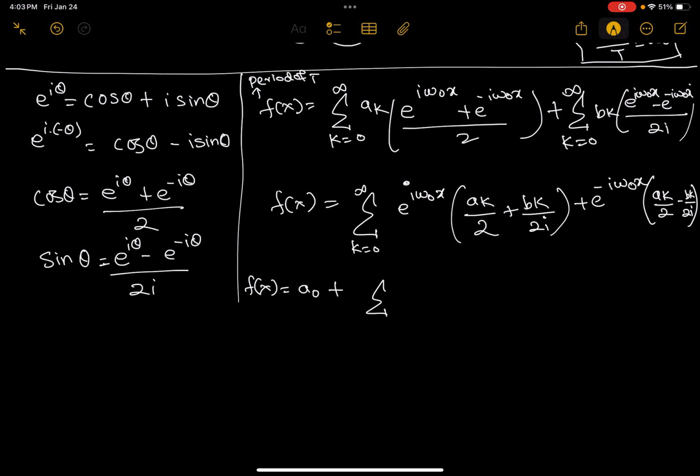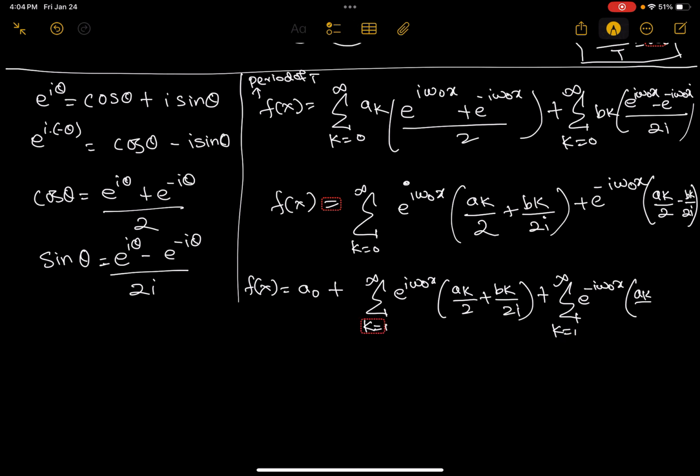Now from 1, I will divide this sum. So e to the power I k omega naught x is a sub k by 2 plus b sub k by 2I. And this also I'll write as e to the power minus I k omega naught x, a sub k by 2 minus b sub k by 2I.